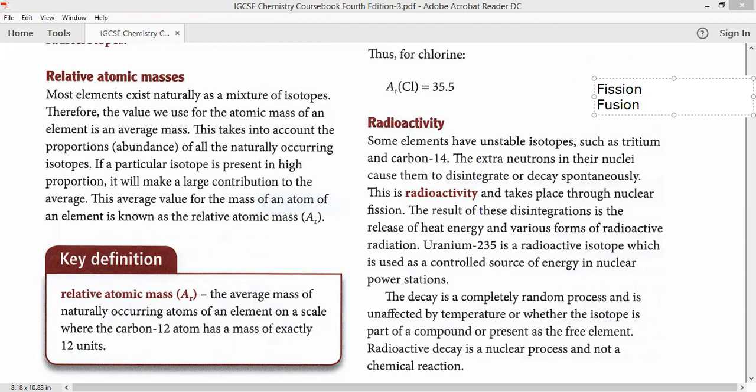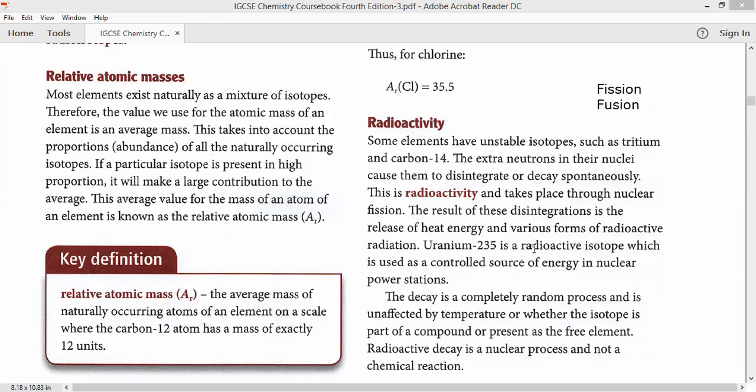For example, you can fuse two hydrogen atoms to make an isotope of helium, that would be fusion. But if a hydrogen atom breaks down into its protons and electrons, this would be fission. Radioactivity takes place through nuclear fission. The result of this disintegration causes a release of a huge amount of energy.